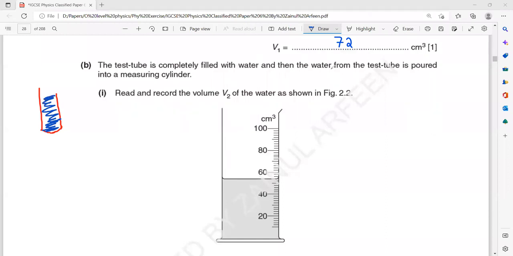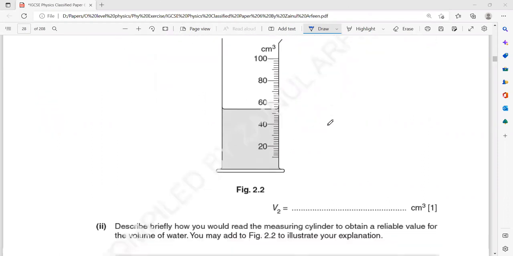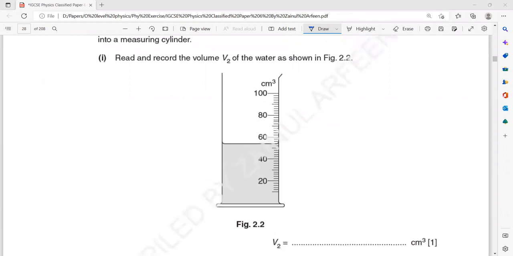And then the water from the test tube is poured into a measuring cylinder. So this water we poured into this measuring cylinder. Read and record the volume V2. What is the volume V2 here?